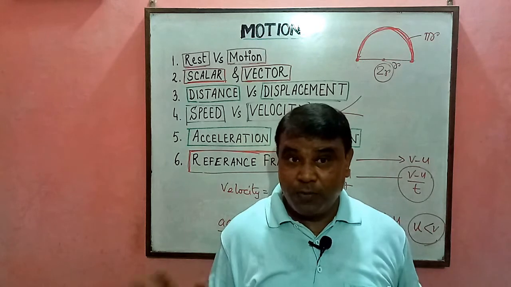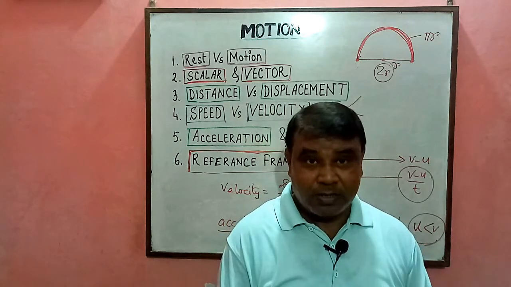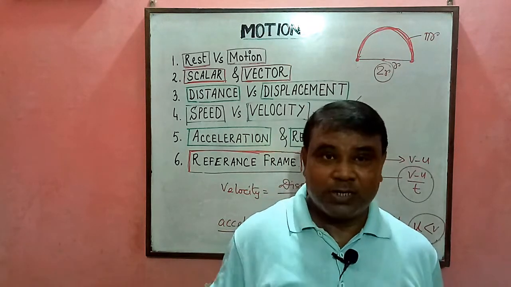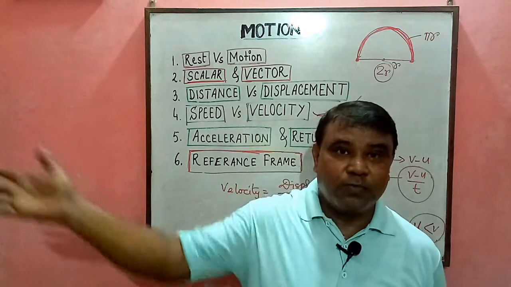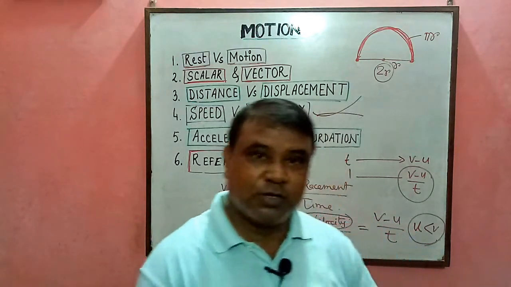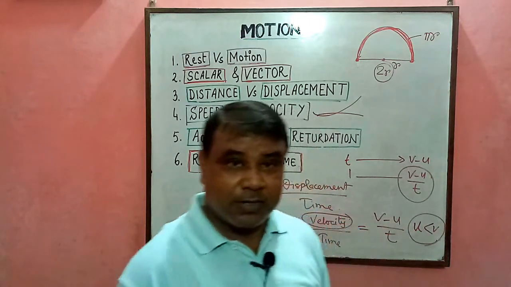You are seeing from a moving train, and that is also moving. So the relative speed will be 0, and you will feel the person is not moving at all, and he also will feel you are not moving at all. So reference frame is also important for considering physical quantities.